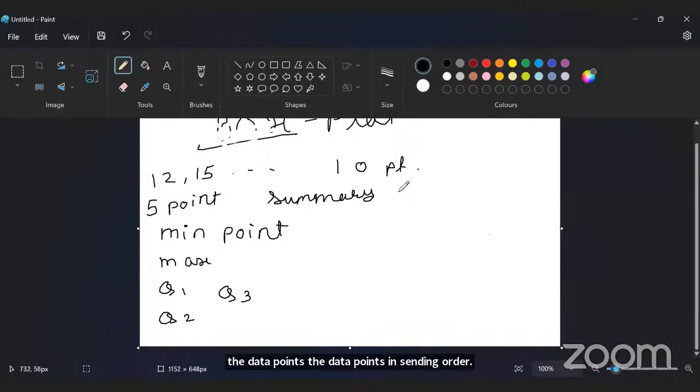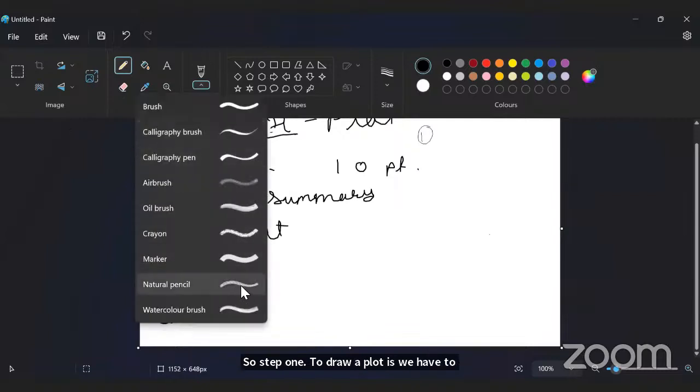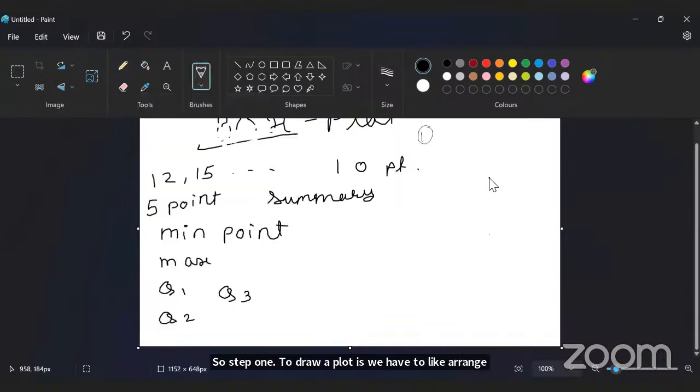So step 1 to draw a plot is to arrange the data in ascending order.